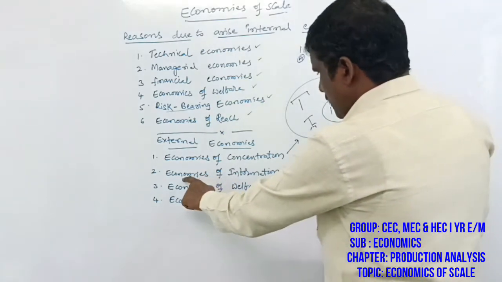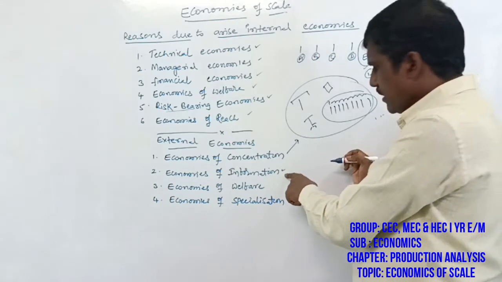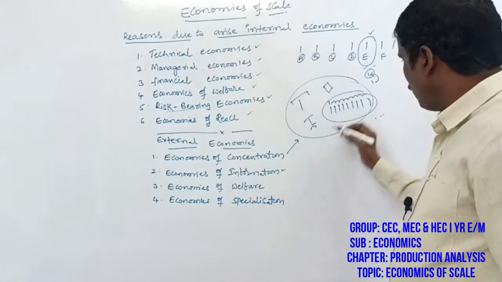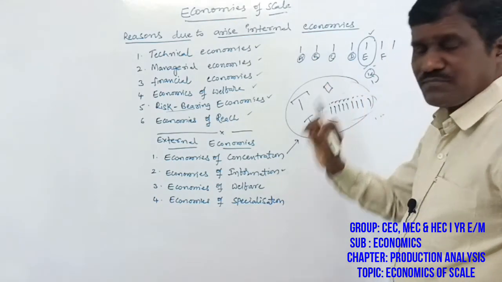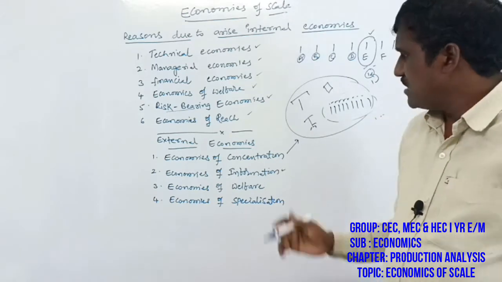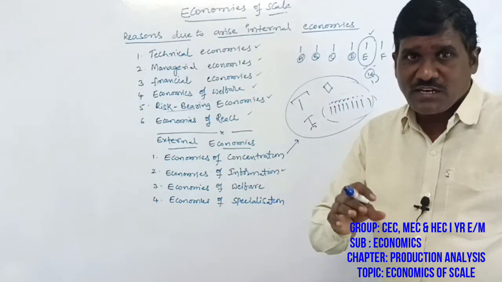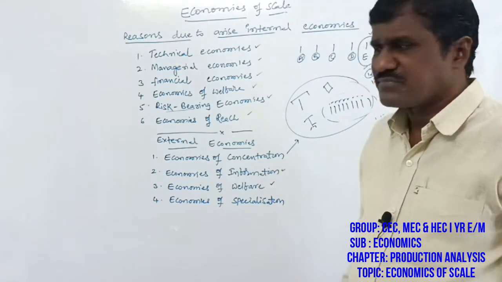So concentration of information, economies of information. Then economies of welfare, already we discussed. When all firms are established at a certain place, it is easy to establish infrastructure facilities and to provide what they require. It is economies of welfare.